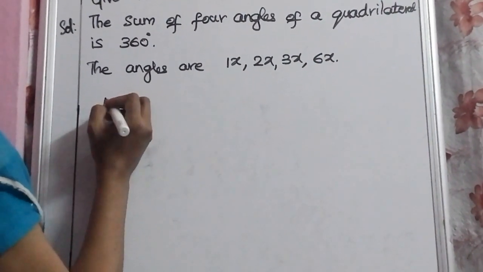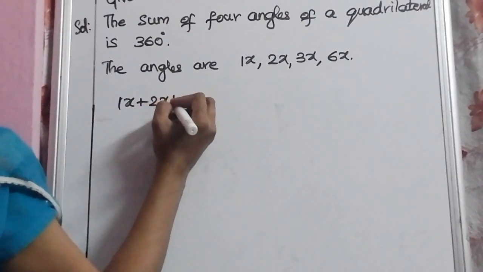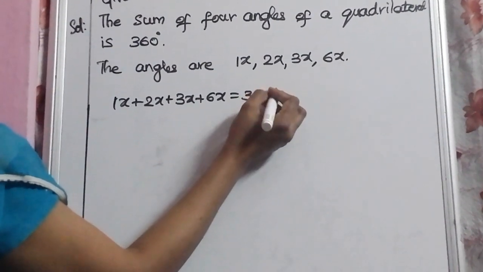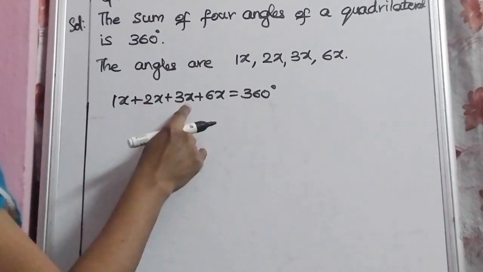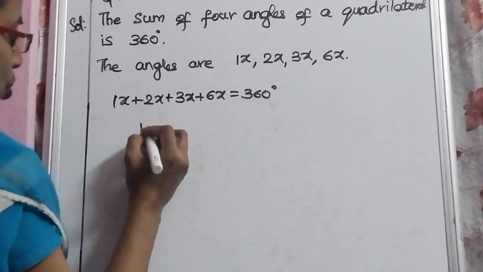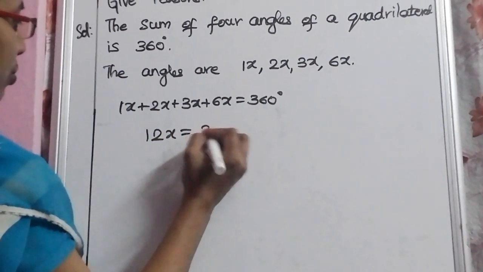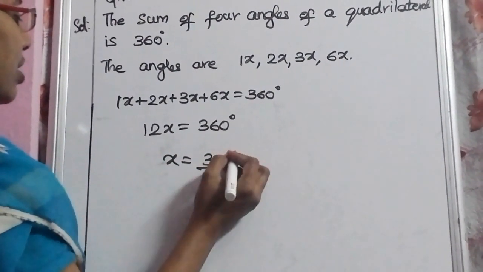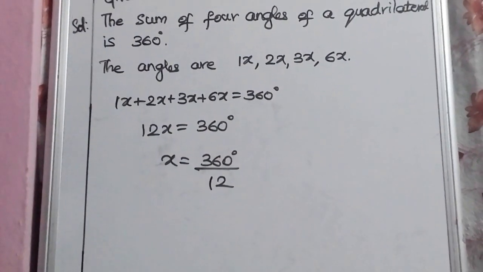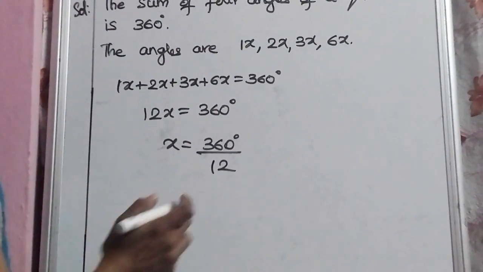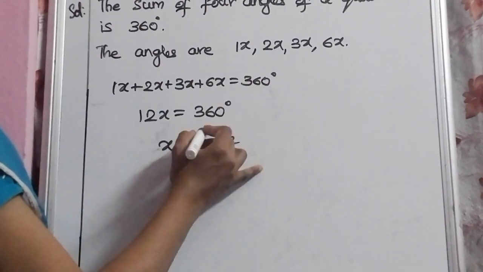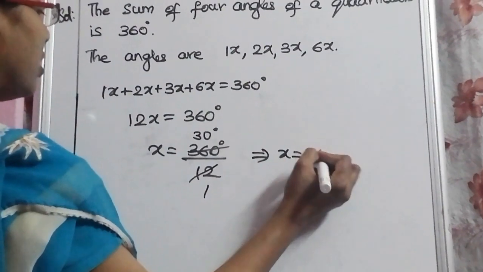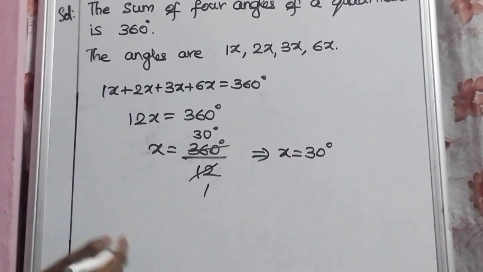Now let us add: x plus 2x plus 3x plus 6x is equal to 360 degrees. 1 plus 2 is 3, 3 plus 3 is 6, 6 plus 6 is 12, so 12x is equal to 360 degrees. x is equal to 360 divided by 12. 12 threes are 36, so 12 times 30 is 360. You got the value of x as 30 degrees.